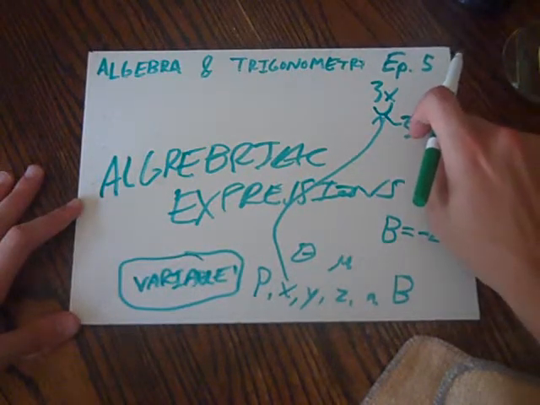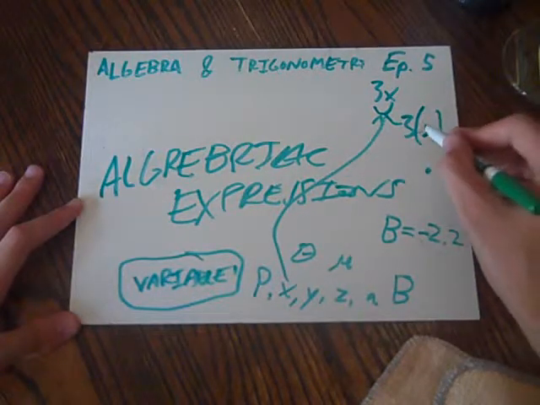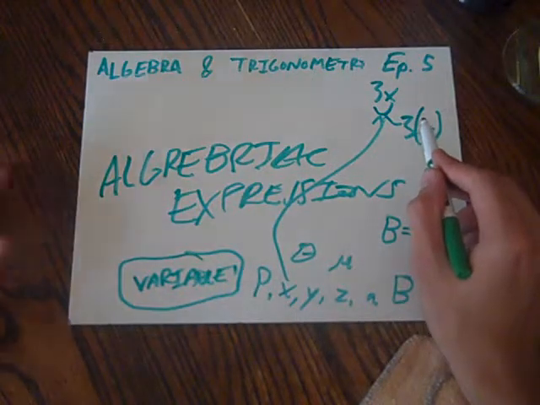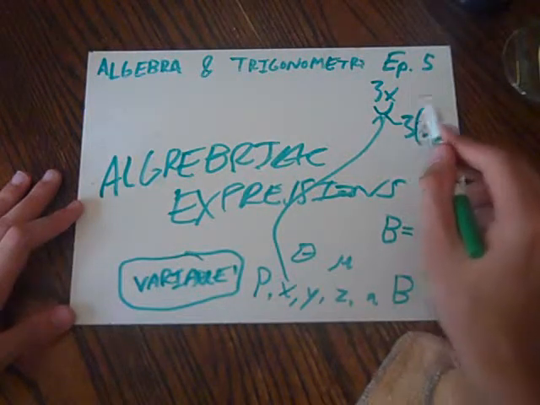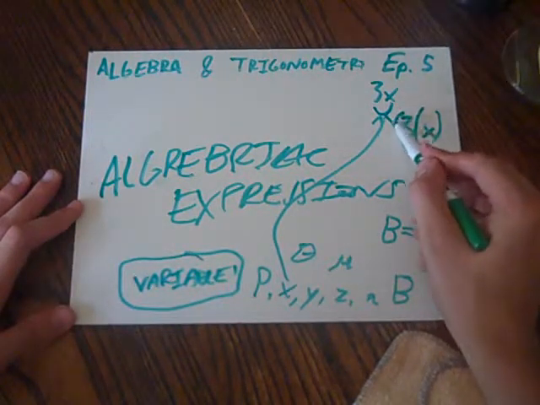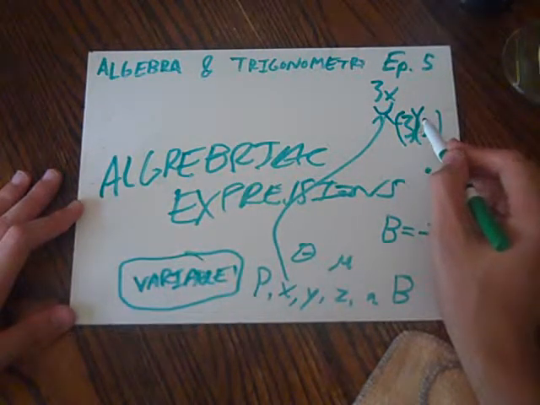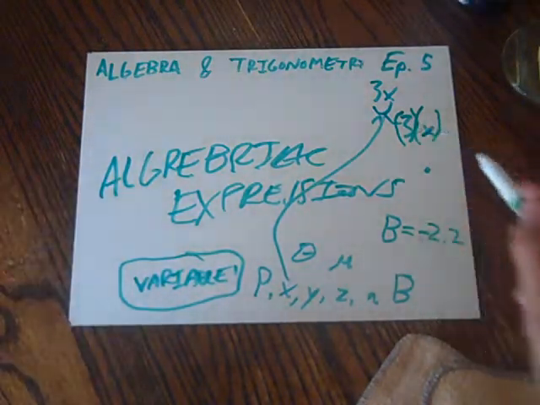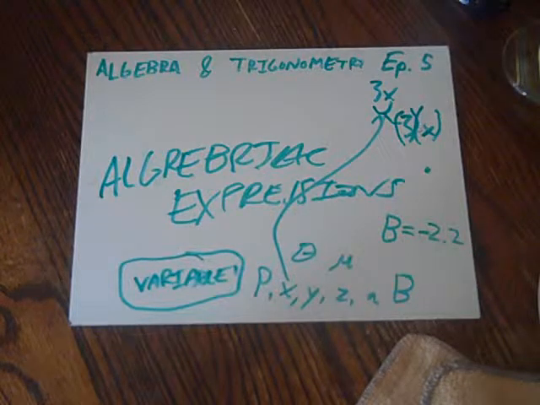Or what we also could do is put parentheses around it, and that also means multiplication. It's a little bit redundant, that's all, and there's nothing wrong with being redundant in math. It means people get it more. The more redundant you are, the less likely you are to make mistakes.